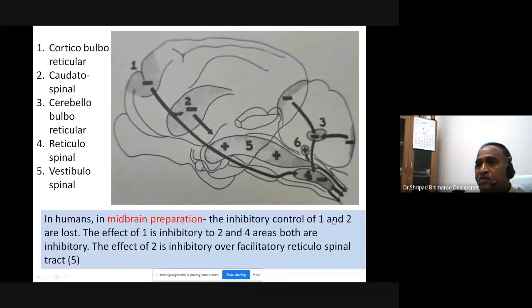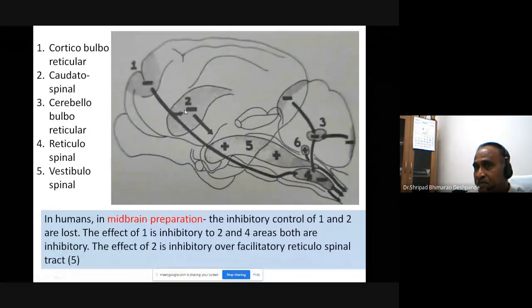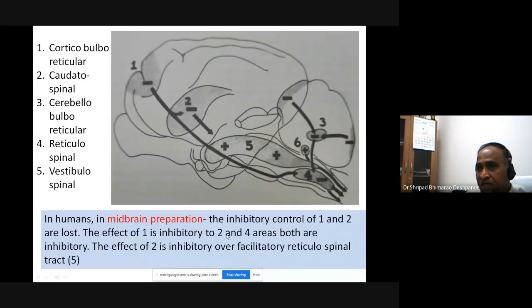The next component: I'm trying to see what happens in human midbrain preparations. The inhibitory control of 1 and 2 are lost, because it is coming here. The effect of 1 is inhibitory to 2, suppressing the 2. And you can also see here, 4. Both are inhibitory. The effect of 2 is inhibitory to the facilitatory reticulospinal tract.